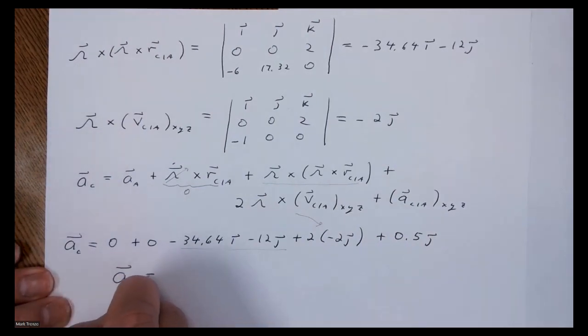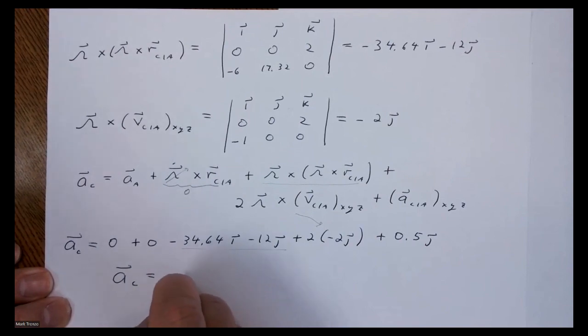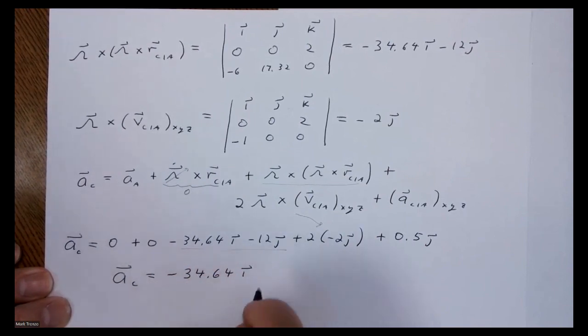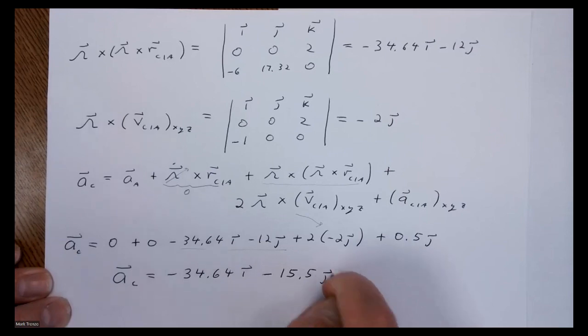And acceleration of C is negative 34.64I. And if we put these together, negative 15.5J, like that.